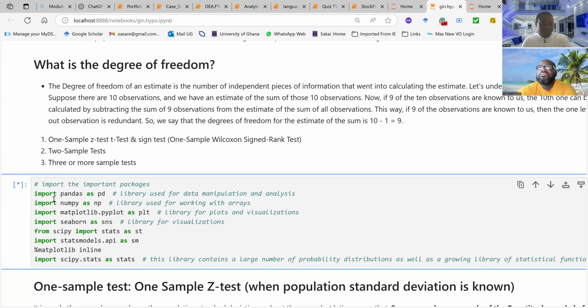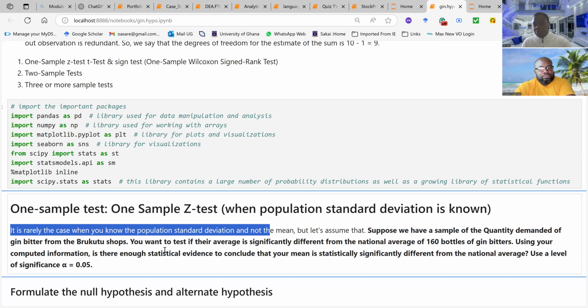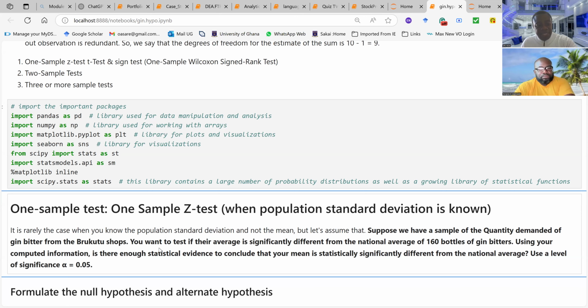So suppose we have a sample, and if you can remember the quantity demanded of gene bitters, we have that from the Brukutu shocks, only the quantity demanded of gene bitters. In fact, guys, in case you have forgotten that data set, let's see if I can show you quickly. You had that data set, right?